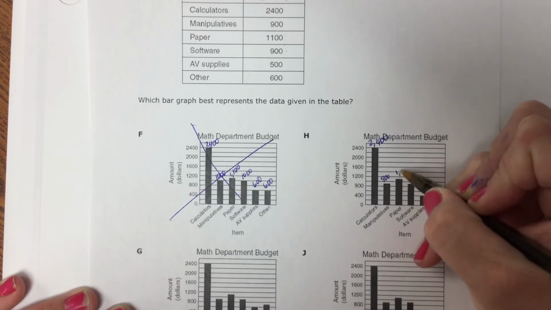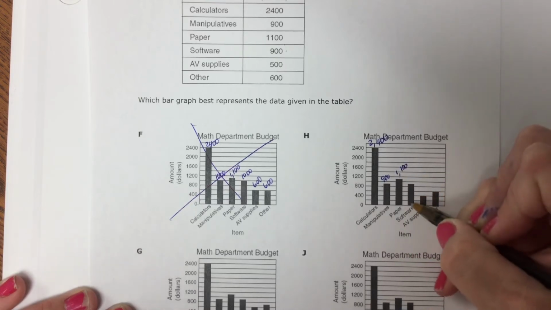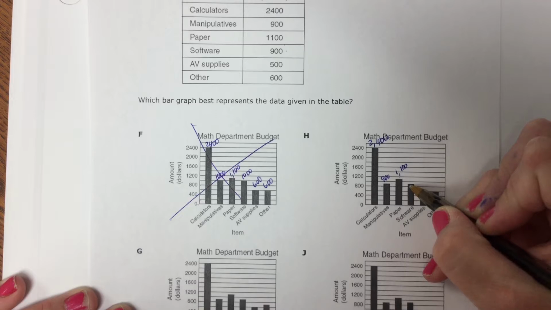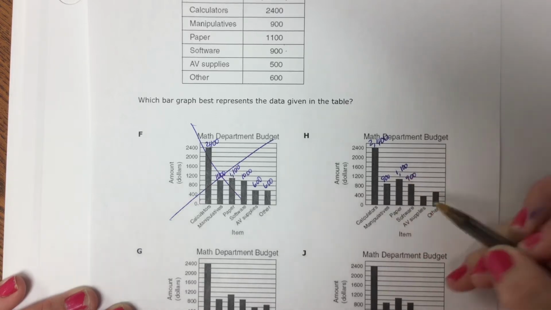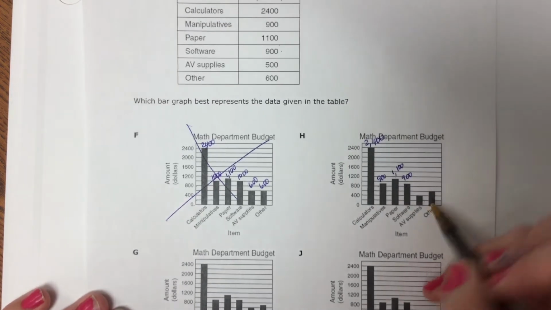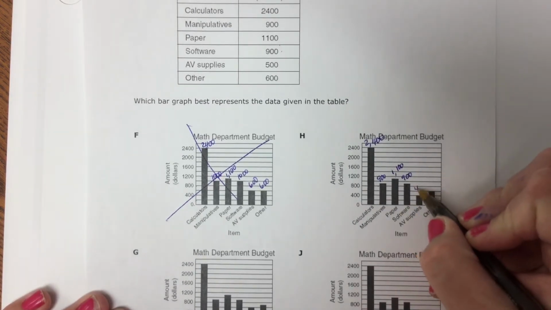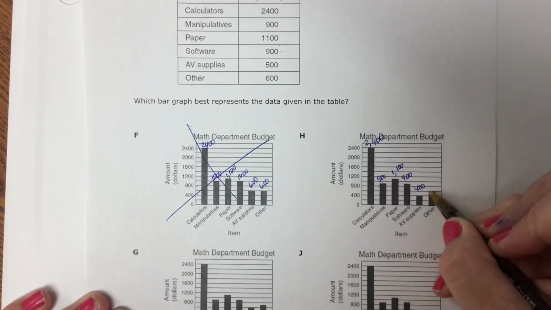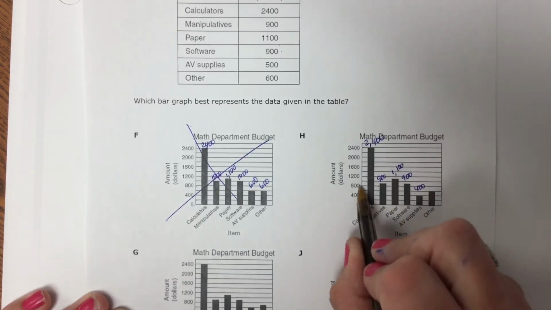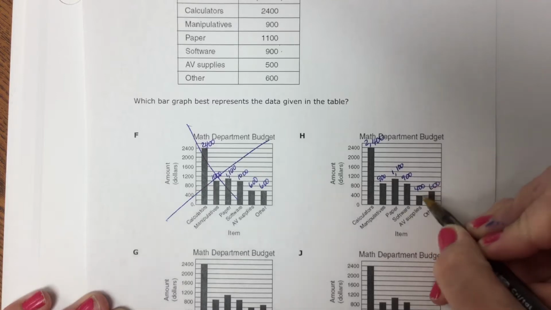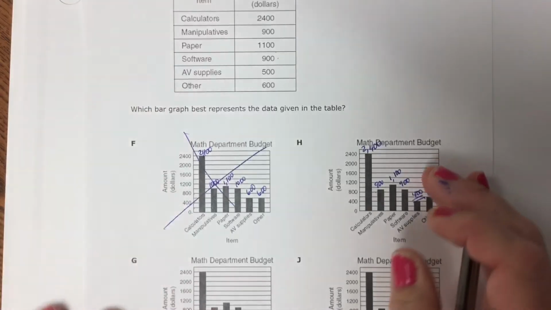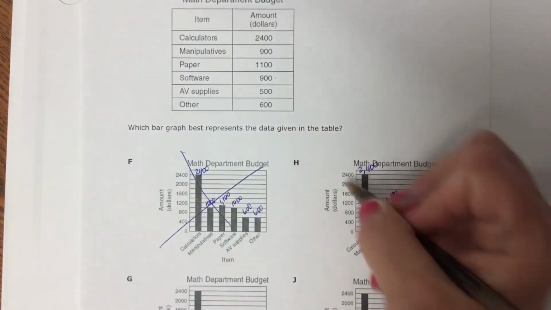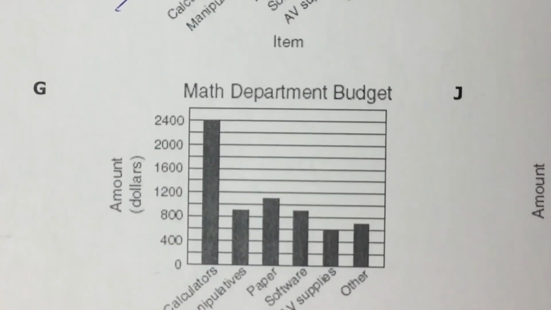So that one would be 1,100. This is 800. And it's between 800 and 1,000. That would be 900. Okay. This one's right on the line for 400. And this one's right on the line between 400 and 800, so this one would be 600. Well, this 400 throws everything off because there's not a 400 in my chart. So that one's out.